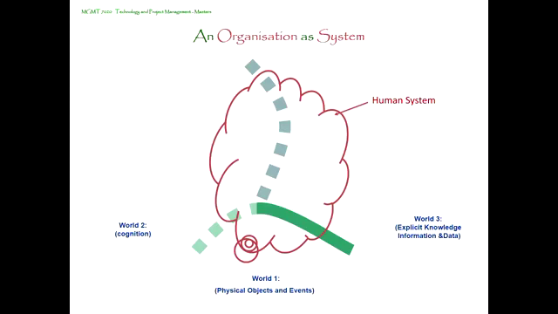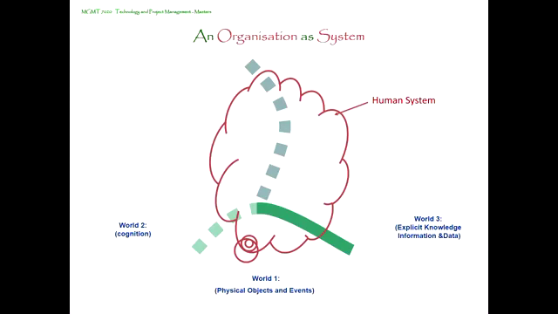And in World 3, we've got all of these administrative procedures, we've got all of the policies, we've got all of the data and information and knowledge that allows us to come to this place rather than CBE where we were last week. All of this information and data and knowledge is stored in World 3. And all of these things are brought into a system that actually operates, a human system.